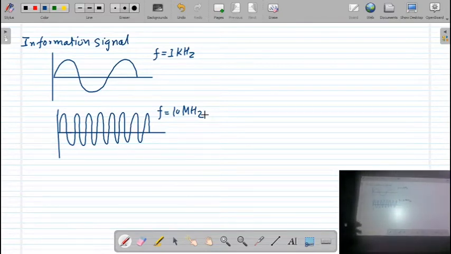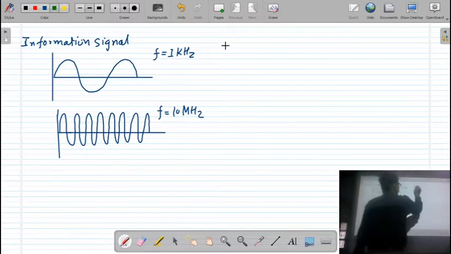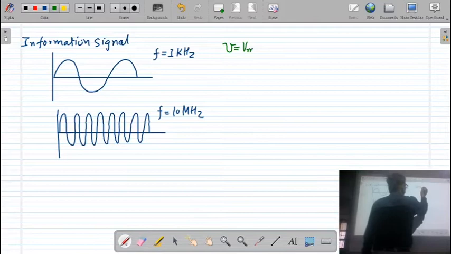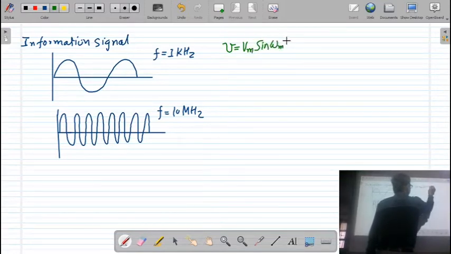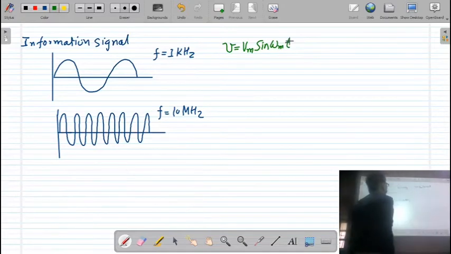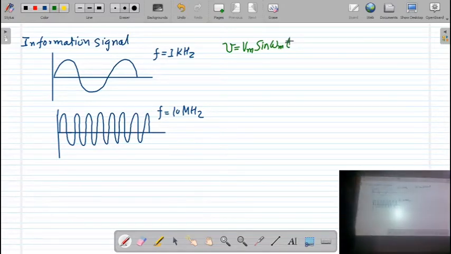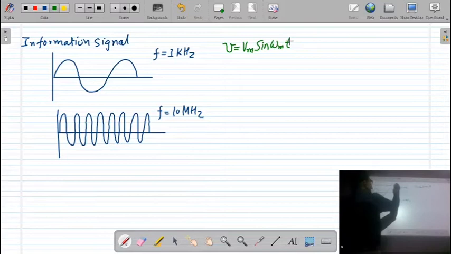Now mathematically, this information signal is a kind of sine wave, so we can write this signal as V = Vm sin(omega_m t). Remember, in technical language, the information signal is known as the modulating signal.